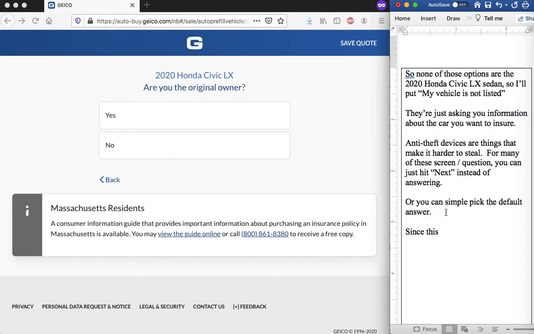Since this is a new car, that would make me the original or first owner of the car.